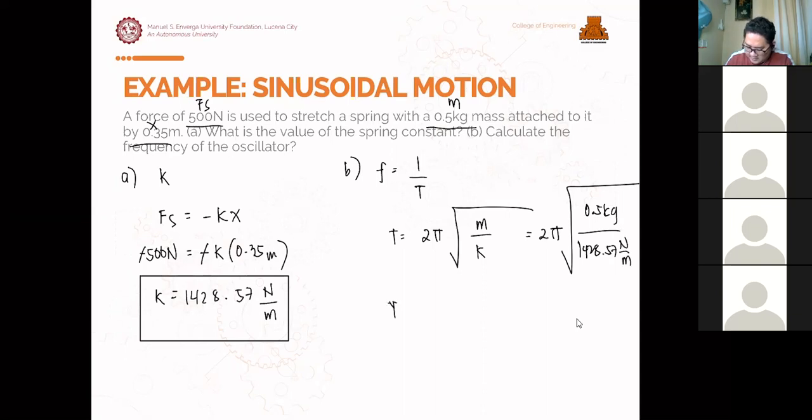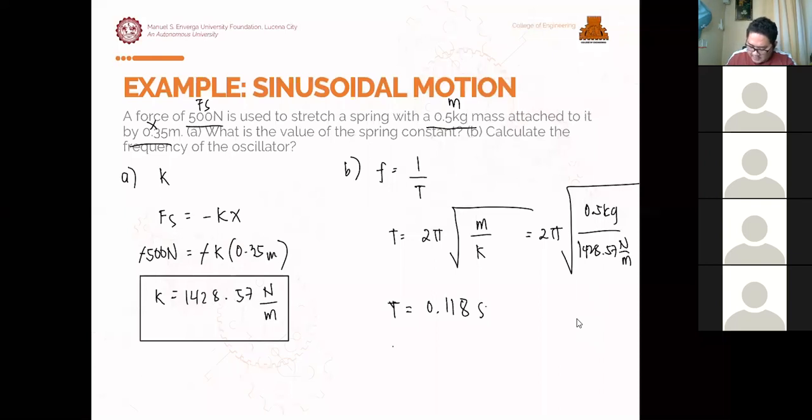So, ang period natin is equals to ilan? Okay. Thank you, Mr. Rebeliosa. 0.118 seconds. Okay, or 0.12. Pwede din, no?